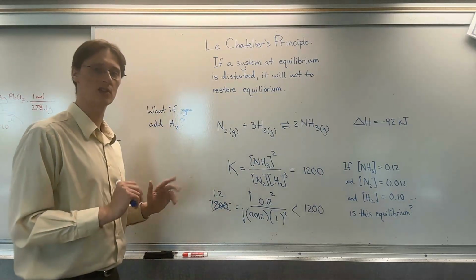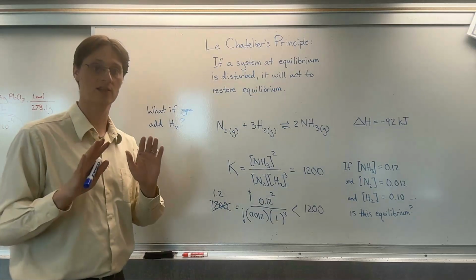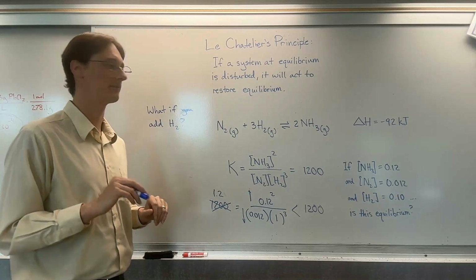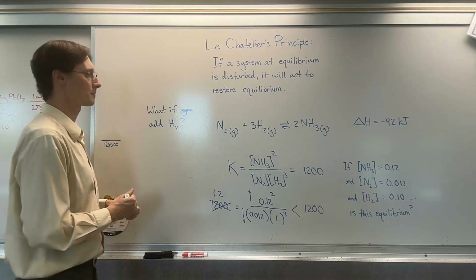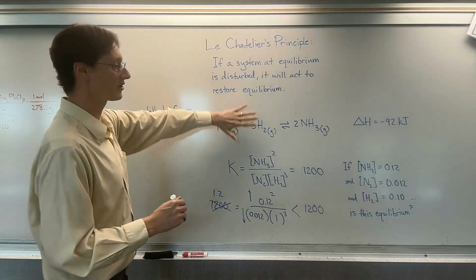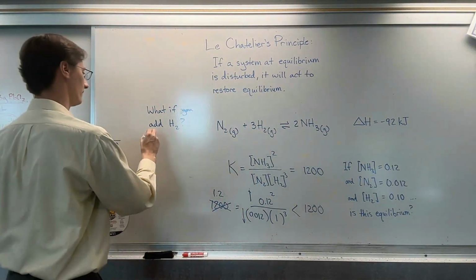In general, here's what we're going to see. The system will shift to fix whatever the disturbance is. The disturbance in question was adding a bunch of hydrogen. If we have too much on the left side, then the reaction shifts to the right.